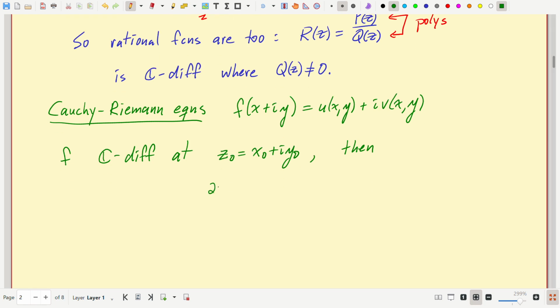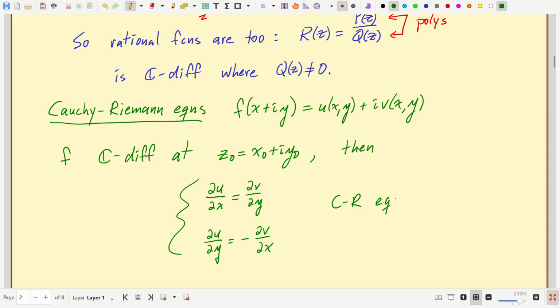This is the Cauchy-Riemann equations. du/dx has to be equal to dv/dy, and du/dy has to be equal to minus dv/dx. That's a system of partial differential equations known as the Cauchy-Riemann equations.